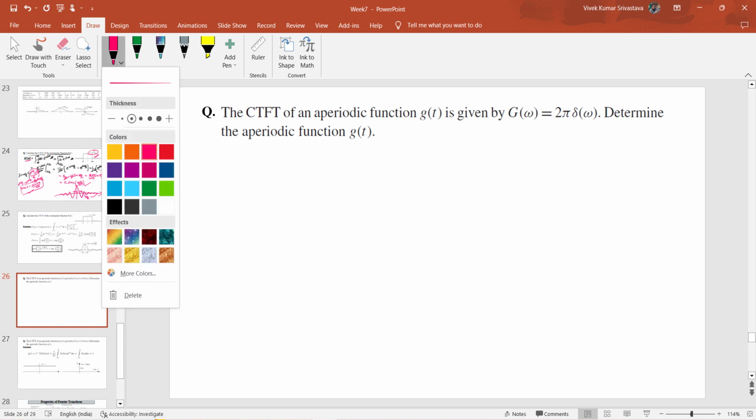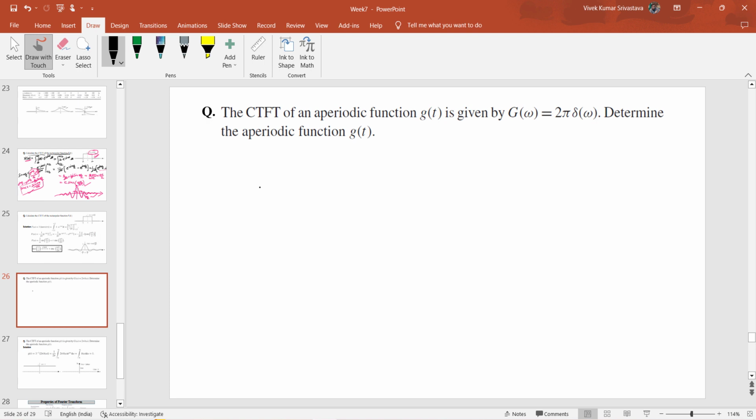So moving ahead, in this problem we have to find the inverse problem. Here g of omega is given to us, which is equal to 2 pi delta of omega. We have to determine the corresponding time domain signal.